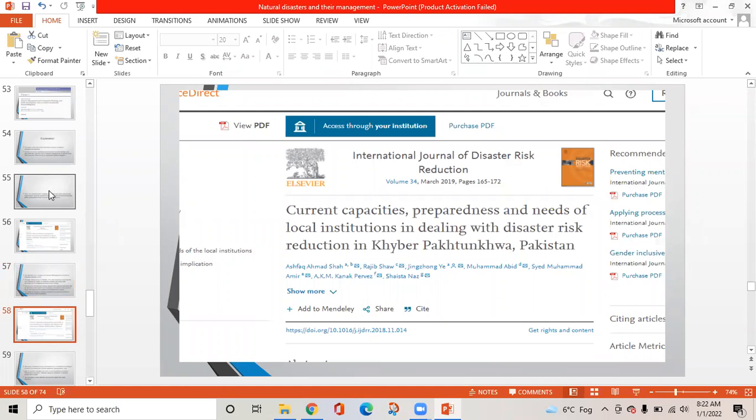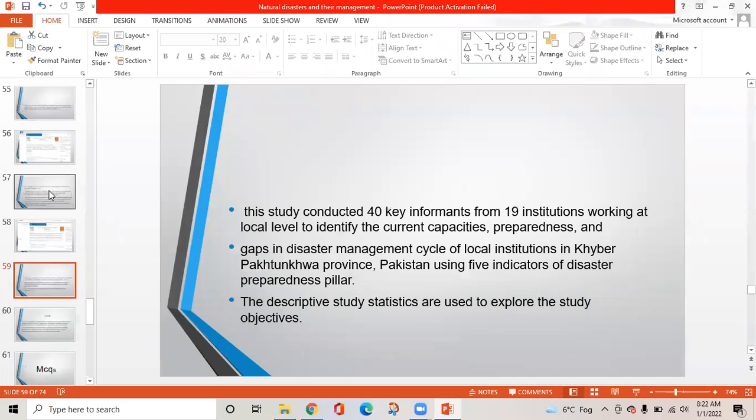Another article is on the current capacities, preparedness, and needs of the local institutions in dealing with disaster risk reduction in Khyber Pakhtunkhwa, Pakistan. This study conducted 40 key informant interviews from 19 institutions working at the local level to identify the current capacities, preparedness, and gaps in the disaster management cycle of local institutions in Khyber Pakhtunkhwa province, Pakistan, using 5 indicators of disaster preparedness. Descriptive statistics are used to explore the study objectives.